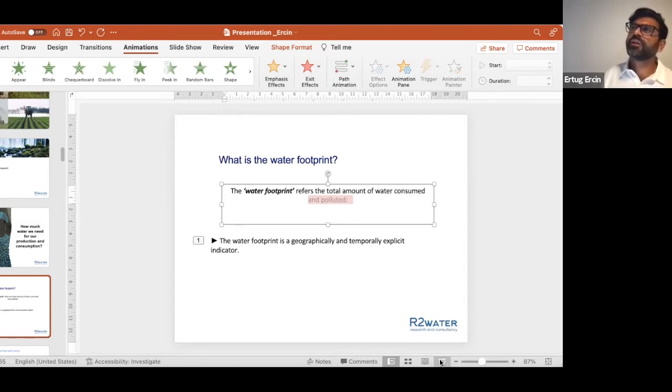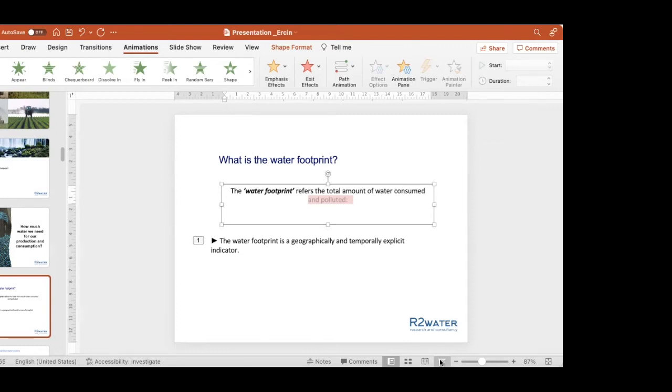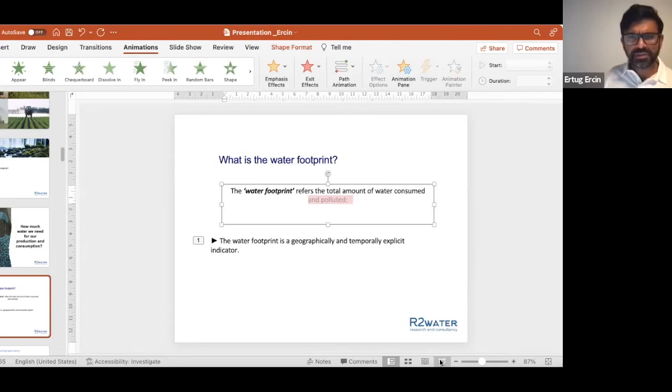It's like carbon accounting: there is a water footprint accounting, and it has those elements incorporated. Unfortunately, I don't want to go into the details of the calculations.